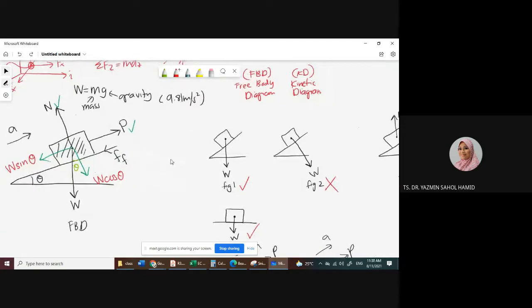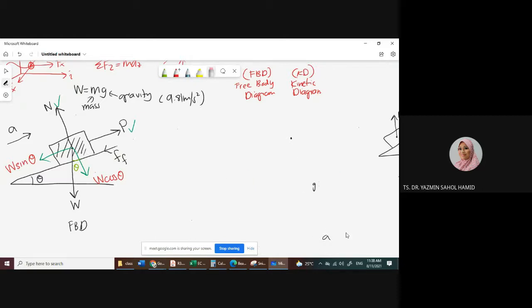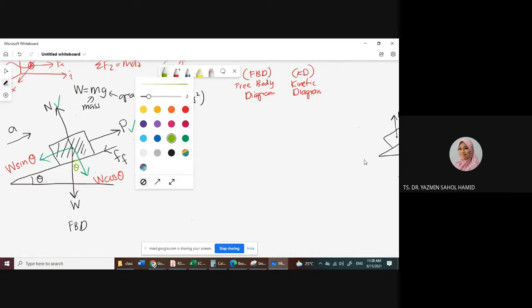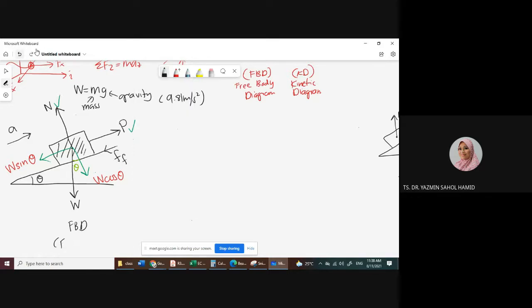Okay, good. Let me wrap this so that there is space. Now, this is what you call the free body diagram.